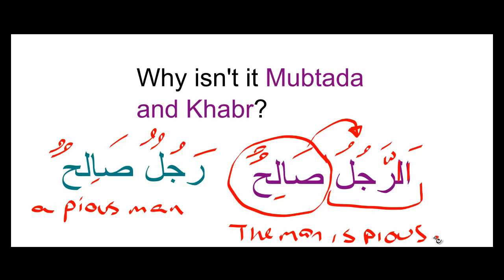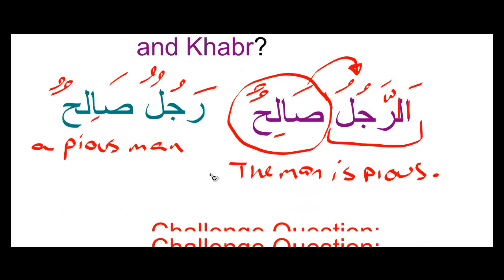Whereas I can put a period here and end the sentence and you'll have the subject and the predicate. Here, you won't have anything. All you have is the adjective and what it describes. And they both agree in all four of those things, in gender, number, case ending, as well as definiteness, and because of that we know that they are mawsuf sifa and not mubtada khabar.